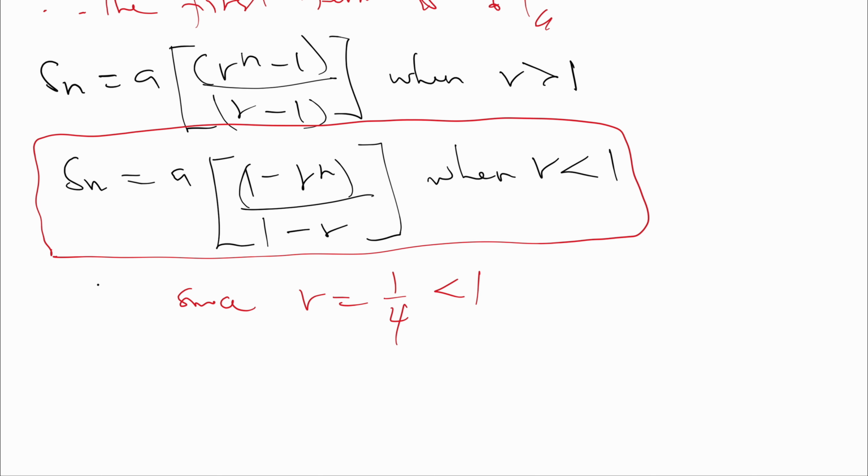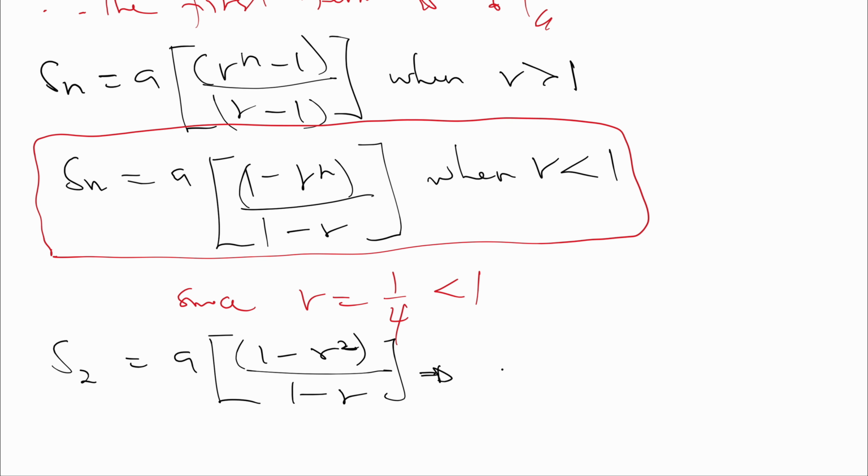So now we are finding the sum of the first two terms. So S2, where n is 2, is equal to a(1 minus r^2) all over 1 minus r. And this is the same as a, which is our first term 64, multiplying 1 minus our r, which is 1 over 4, squared, divided by 1 minus 1 over 4.